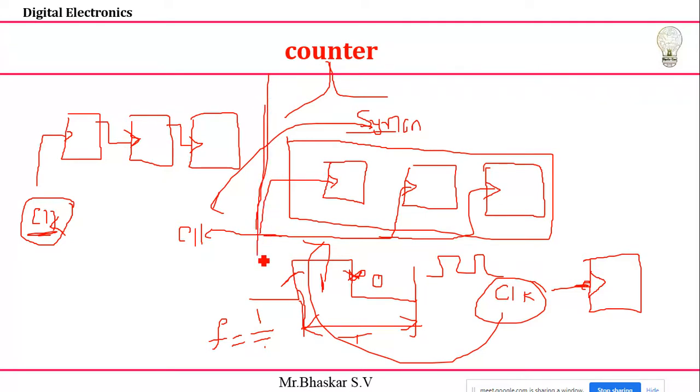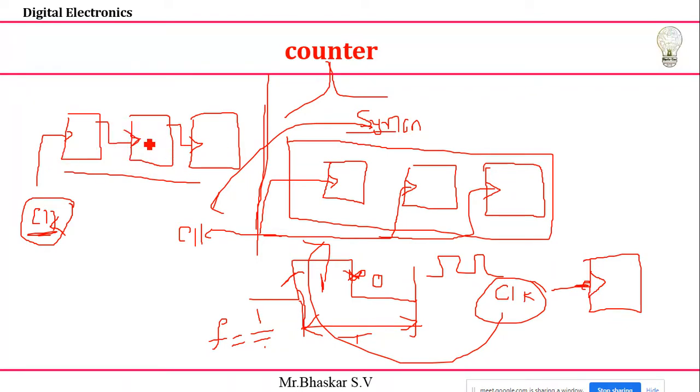Next, these two things, asynchronous counter and synchronous counter. Keep in your mind, if I say it's an asynchronous counter, we are not applying a common clock signal to all my flip-flops. So how do I make the connections? We apply the clock only to the first flip-flop, then connect its output to the next input.